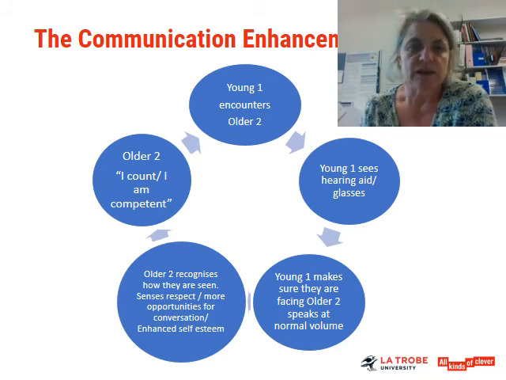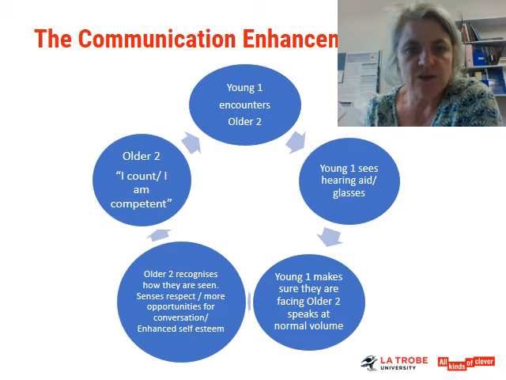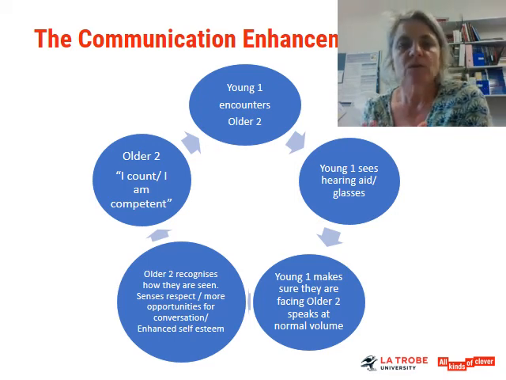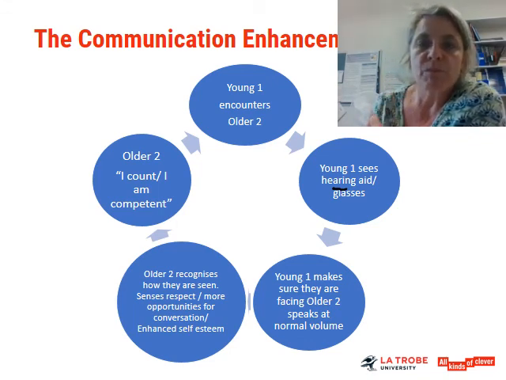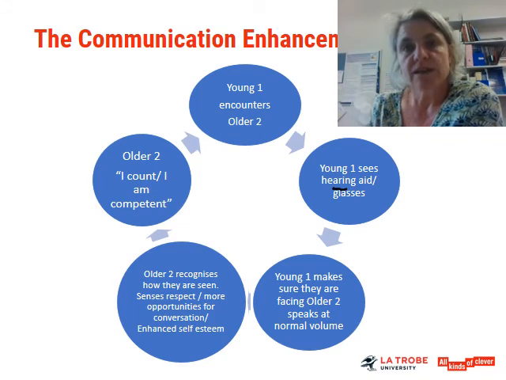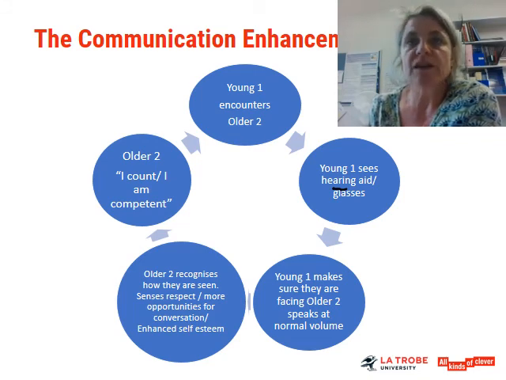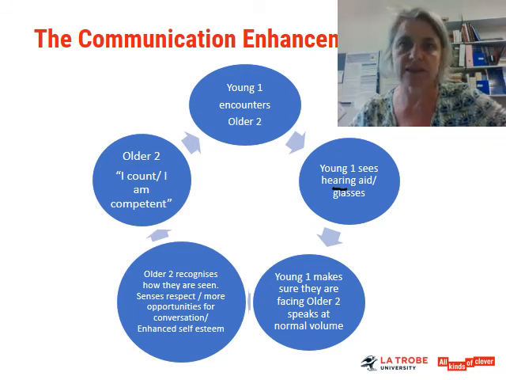So what's this about? This is about when the young one encounters an older person, and the young one sees the signs of aging. They might see the hearing aid, the glasses, the grey hair. But in the communication enhancement model, the young one doesn't over-accommodate. They don't make these gross generalizations and assumptions about the person's abilities.